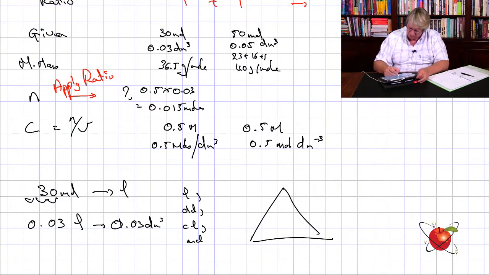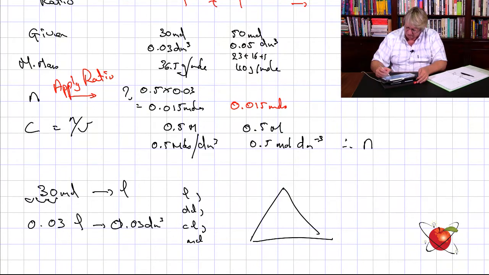Therefore, in a 1 to 1, that must have neutralized 0.015 moles of that. All right? But now we had 0.5 and there was 50 mL. Because if I can find out how many moles were in the beginning, let's have a look.